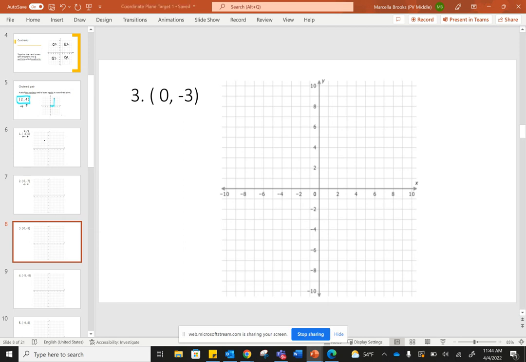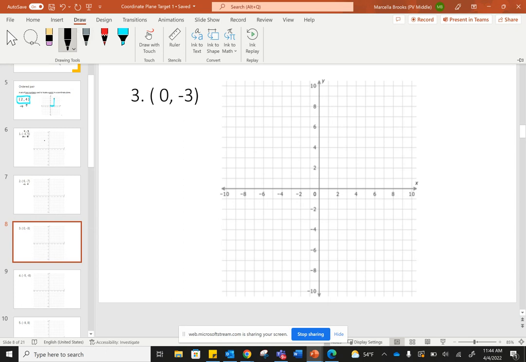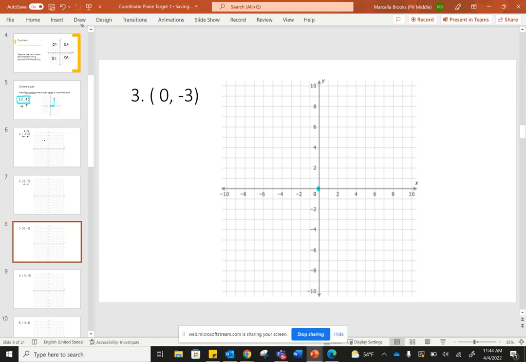Let's do this one. So we have our first coordinate there. Our x value is 0. So let's look at what that's going to look like. That means we're not going to move left or right. We're just staying there. The only movement we'll be doing from the origin is that -3. That tells me to go down 3.